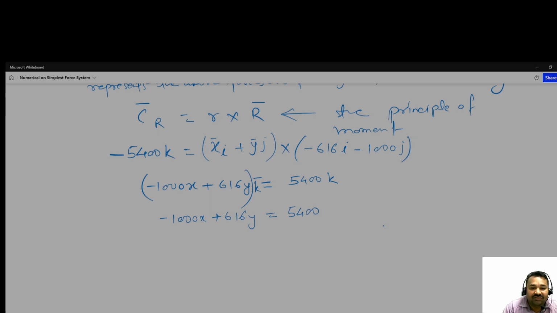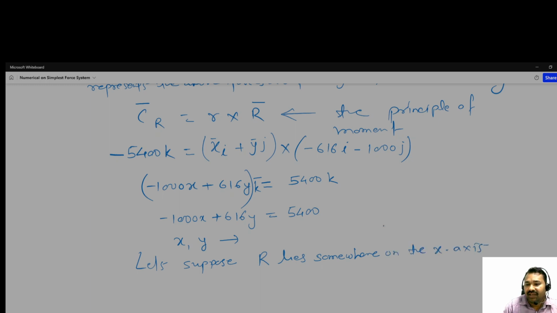Okay, so from this we cannot define what is our X, what is our Y. So for that, let's suppose the R lies somewhere on the x-axis.